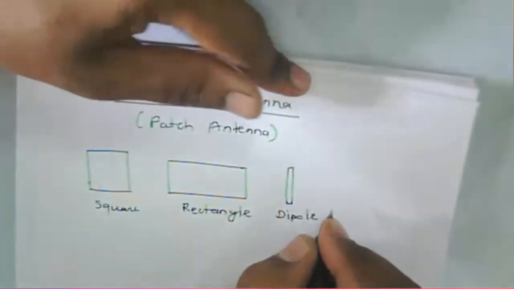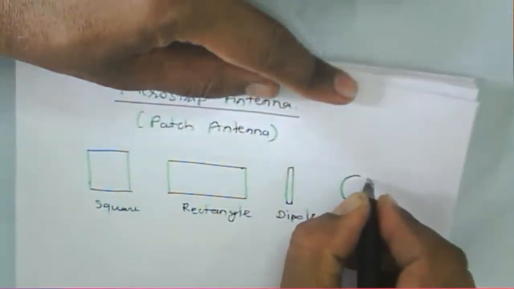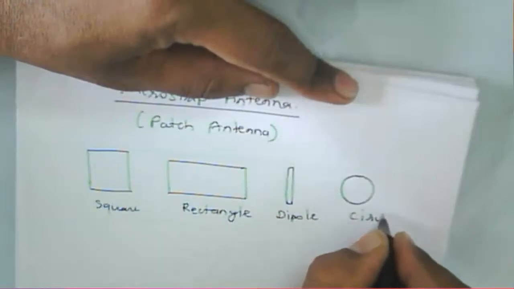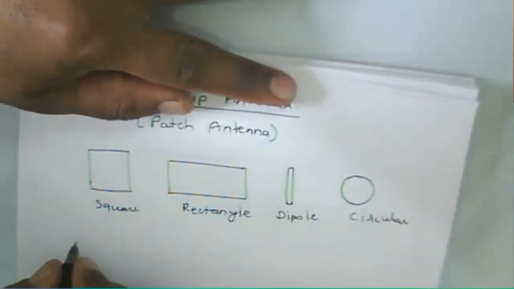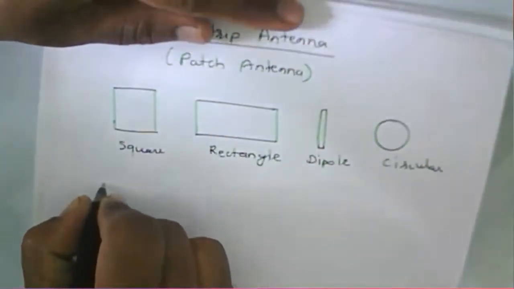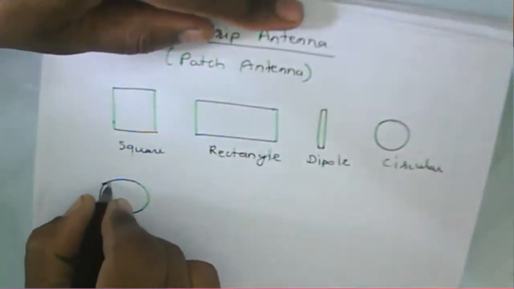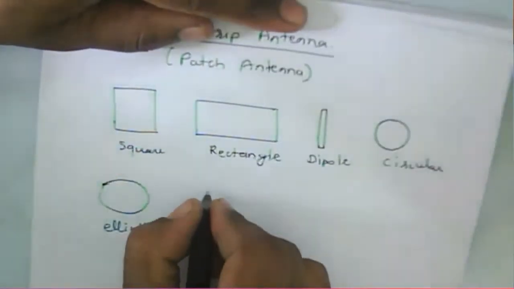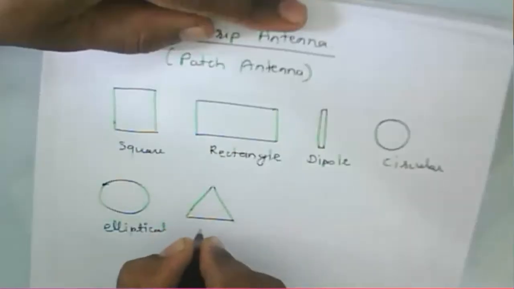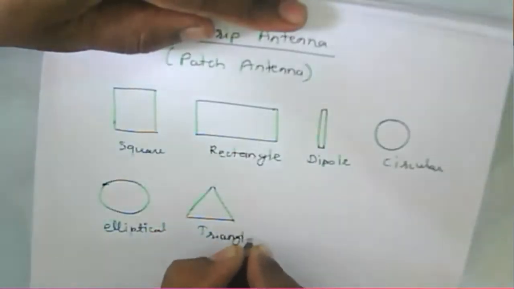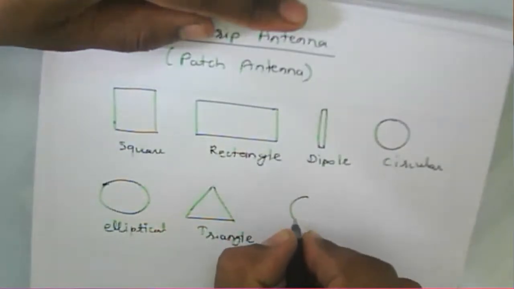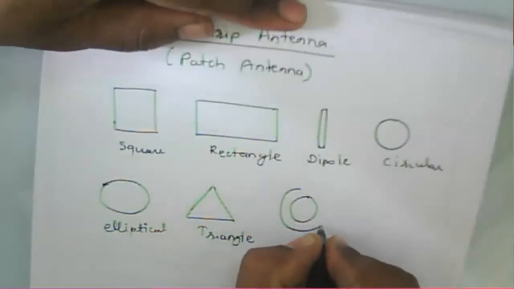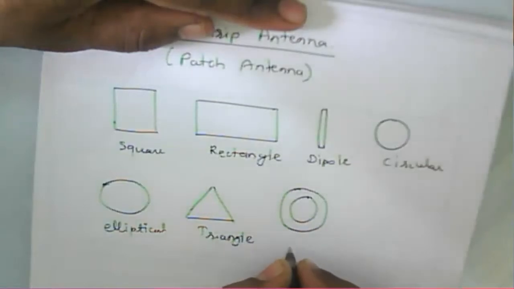Then a dipole, then a circular one, then an elliptical one, then a triangle, then a circular ring. We have an inner circle and an outer circle. This one is a ring hole. Here you can say circular ring.